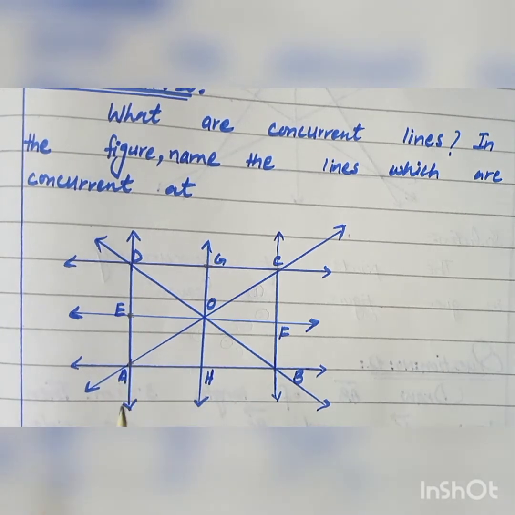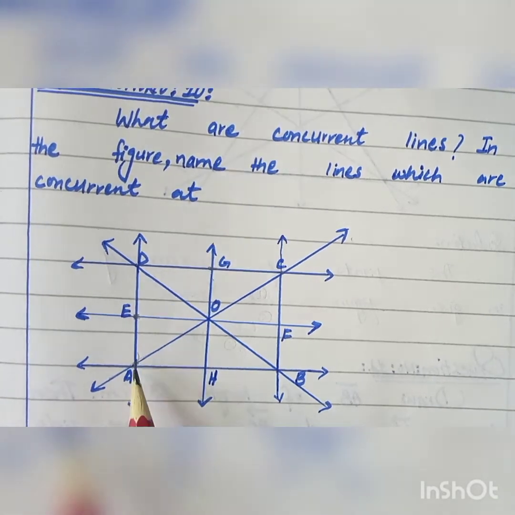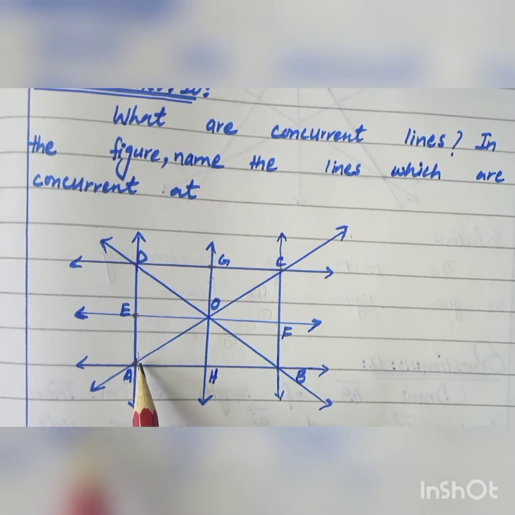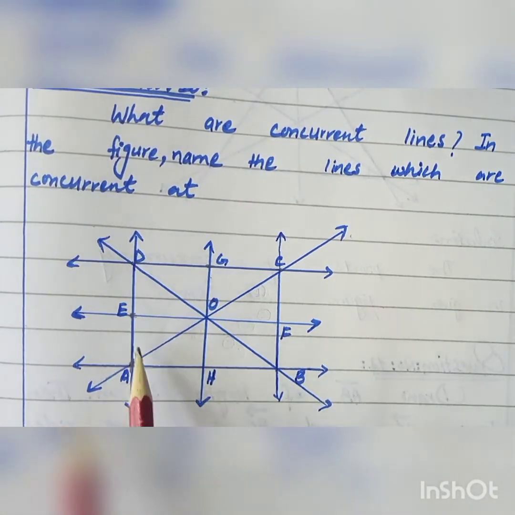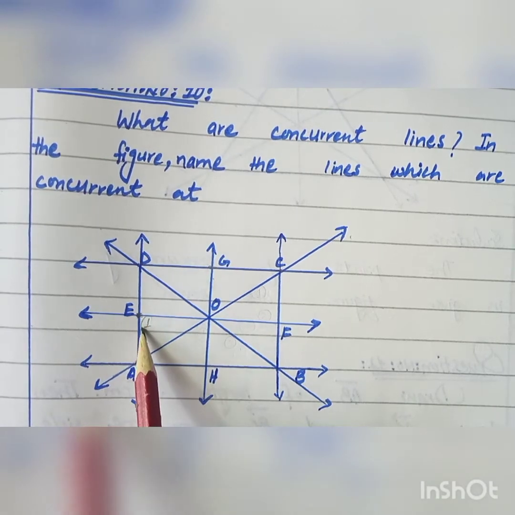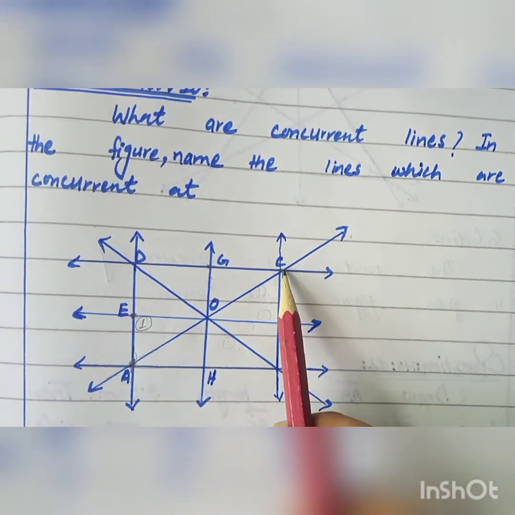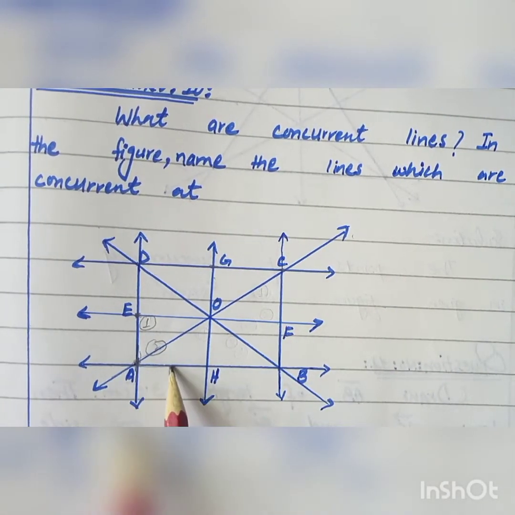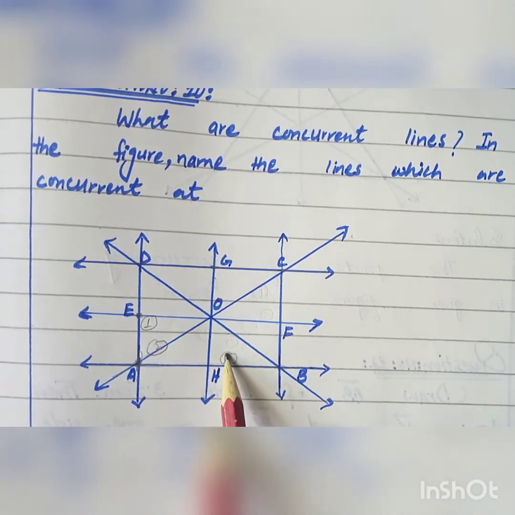So students, you can see here this line and this line meet at the point A. So the names of the lines are, first one, DA. The second one is AC, and the third one is AB.